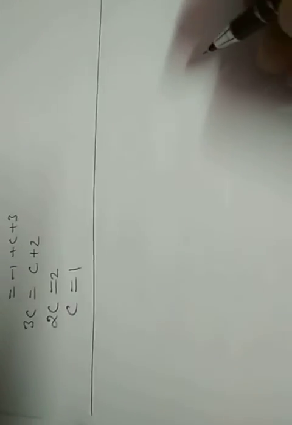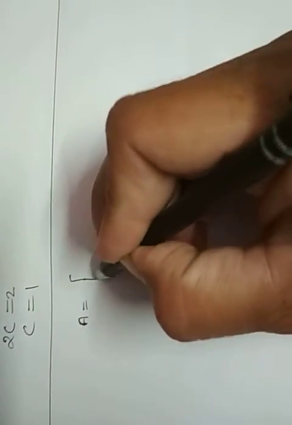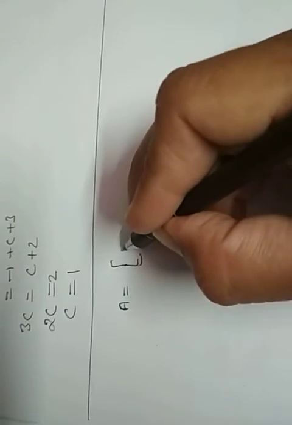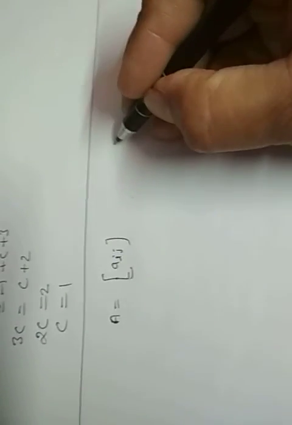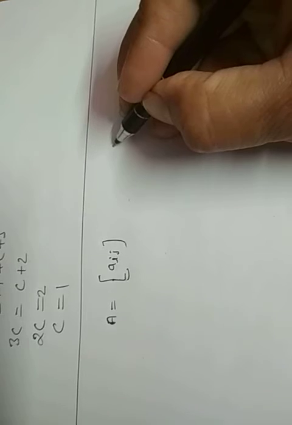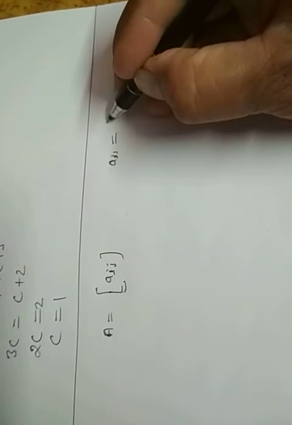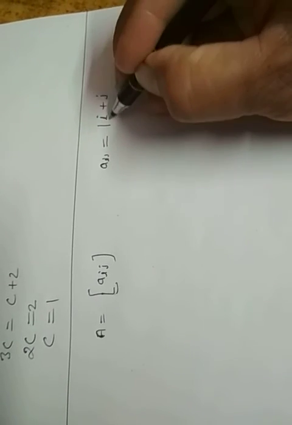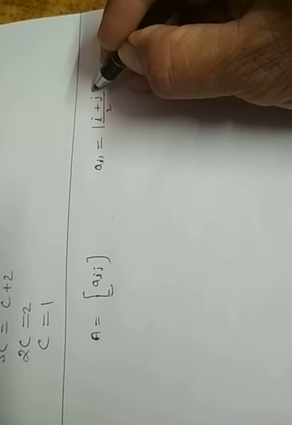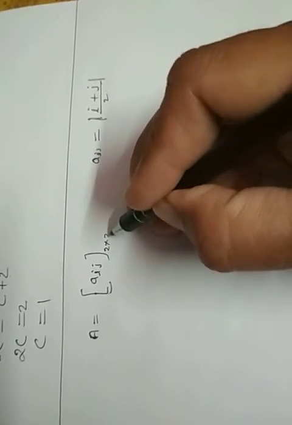If we have to make any matrix, let matrix A be written like this: aij, and the relation is given that aij is equal to mod of i plus j upon 2, and we have to make a matrix of order 2 by 2.